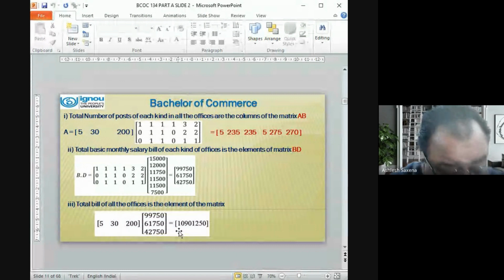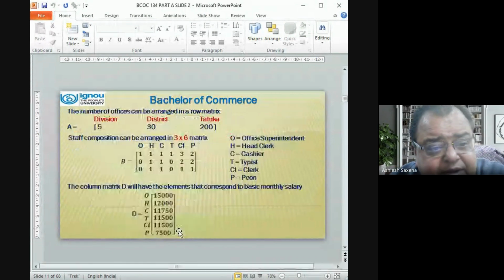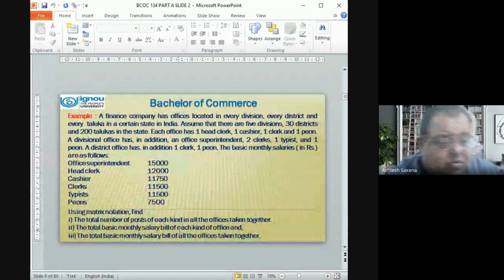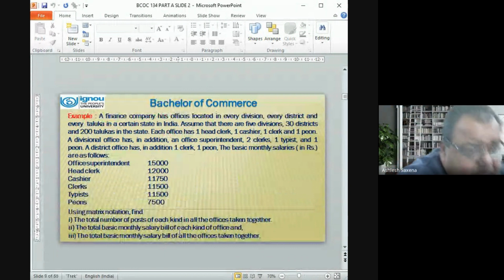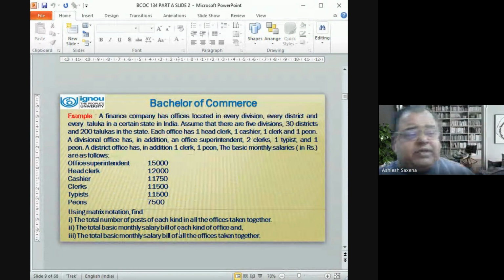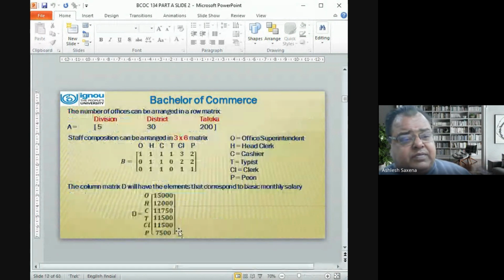Multiplication and the conversion of this statement into a matrix form. That is the basic thing we are supposed to understand. How the statement has been converted into a matrix form. This was your original statement and this has been converted into a matrix in this way.